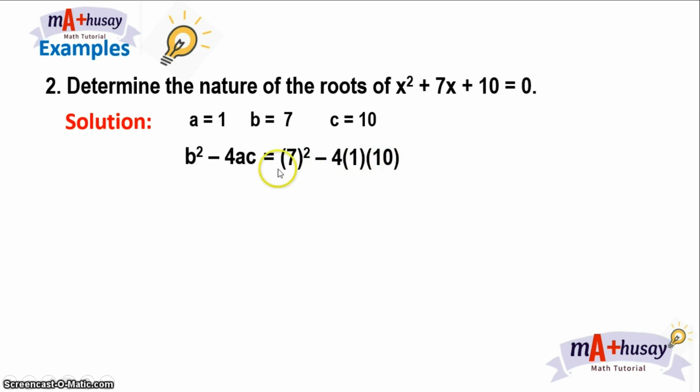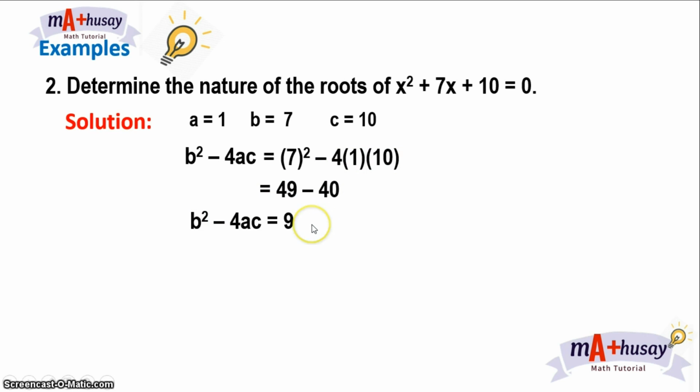Now we know that 7 squared is 49. We also know that negative 4 times 1 times 10 will give you negative 40. So we subtract 40 from 49 and you will have b squared minus 4ac equals 9.